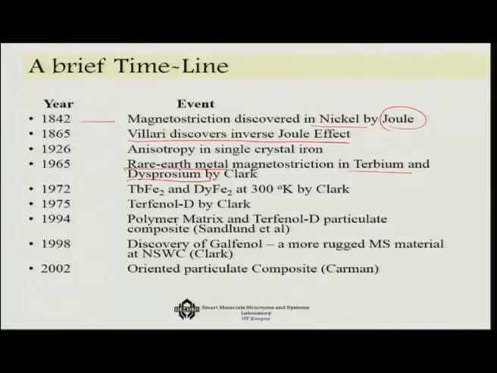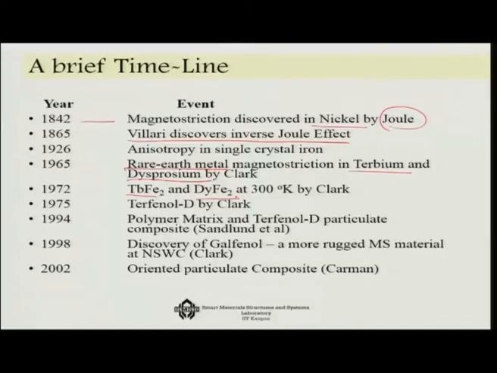Later, in 1972, it was found that instead of using pure terbium or dysprosium, if you use a terbium iron compound or dysprosium iron compound, you can get magnetostriction up to a much higher temperature.